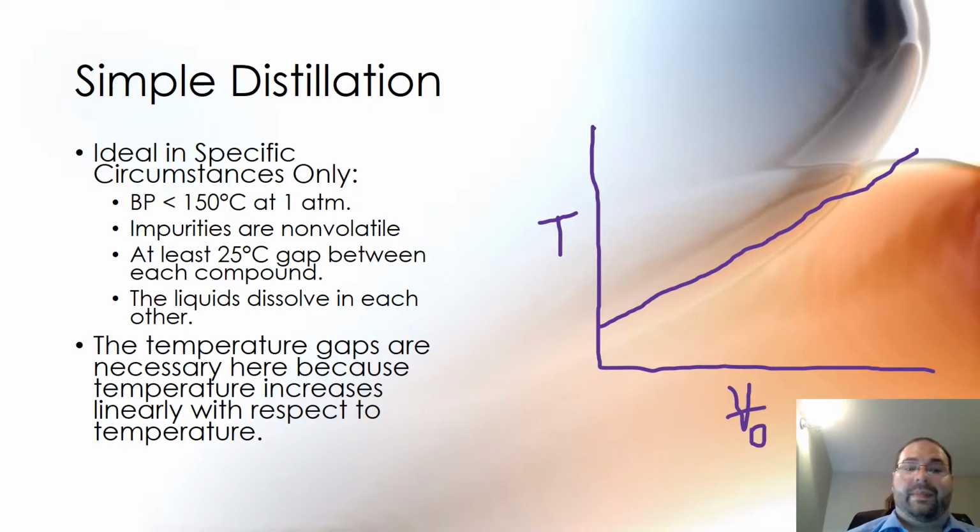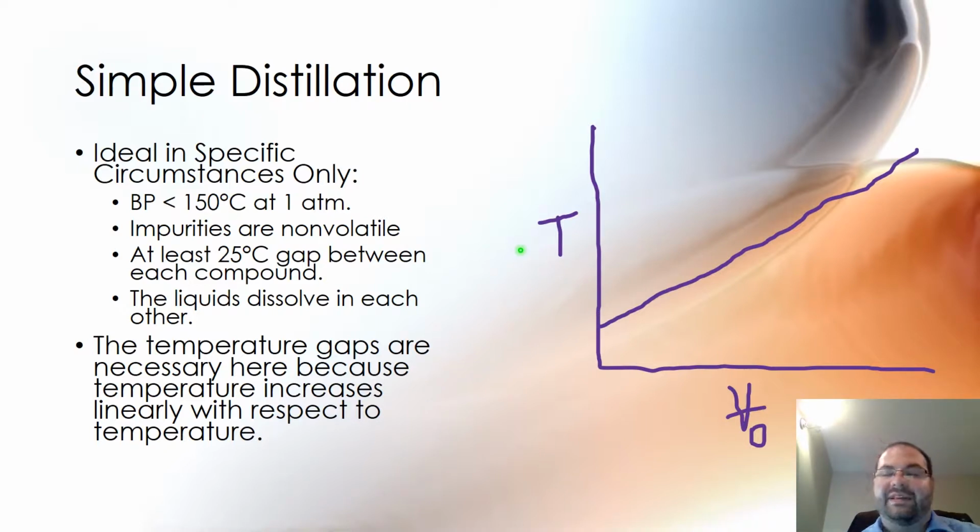So you basically want to look at that 1 atmosphere as the pressure at which everything is becoming equal. If the boiling point is less than 150 degrees Celsius, you can use a simple distillation, but it also has impurities that are not volatile. The liquids are dissolving in one another pretty well. They're not trying to separate, and there's at least a 25 degrees Celsius gap between the boiling points of each compound in the mixture.